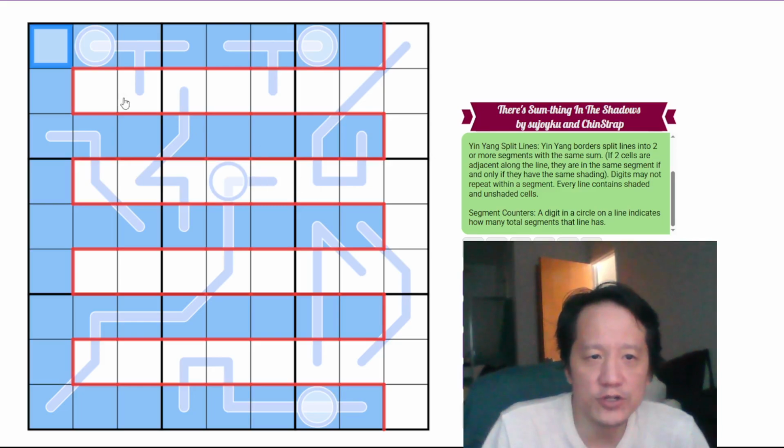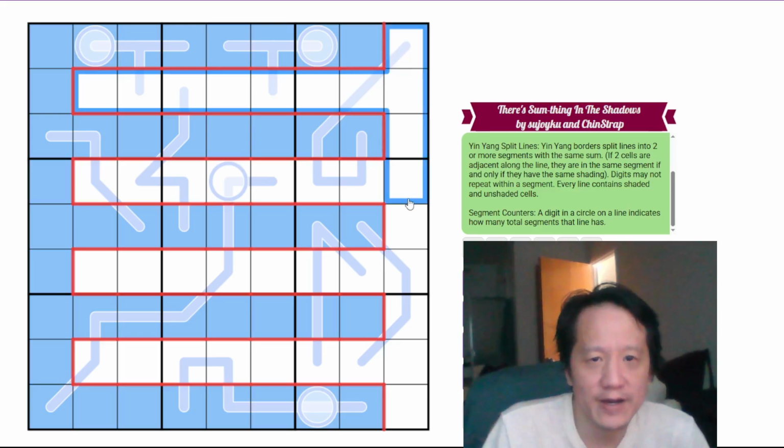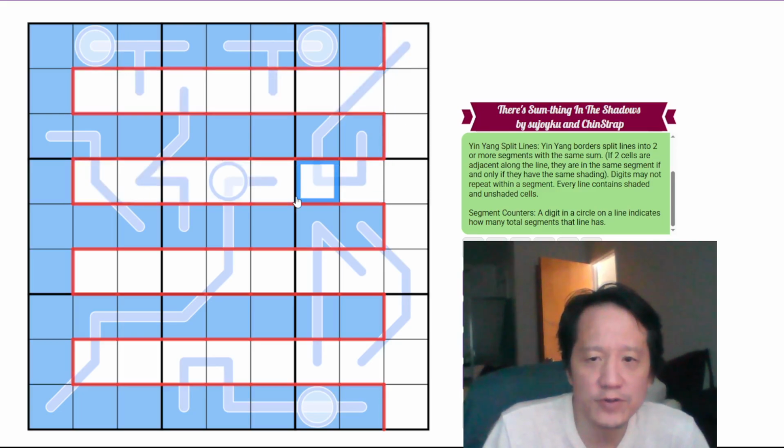You could do the reverse and it wouldn't matter. So if this were the way that it would be broken up, this would equal the sum of these two digits, which would equal the sum of this digit, which would equal the sum of these two digits, since they are in the same segment because they have the same shading.